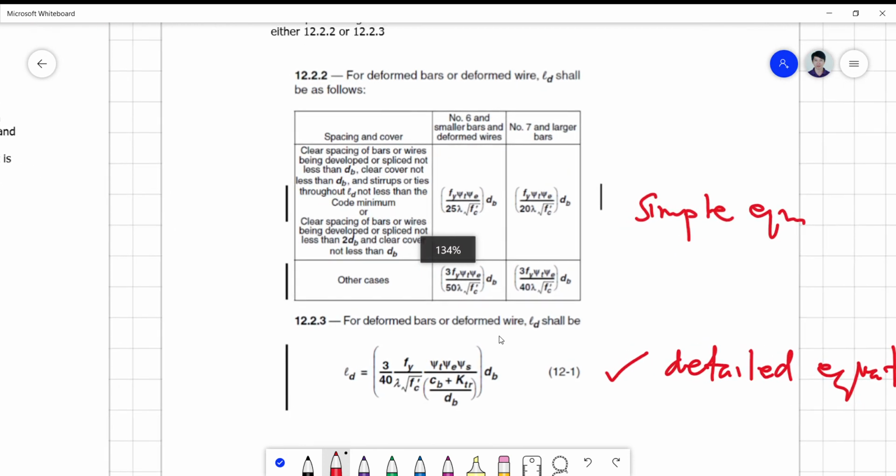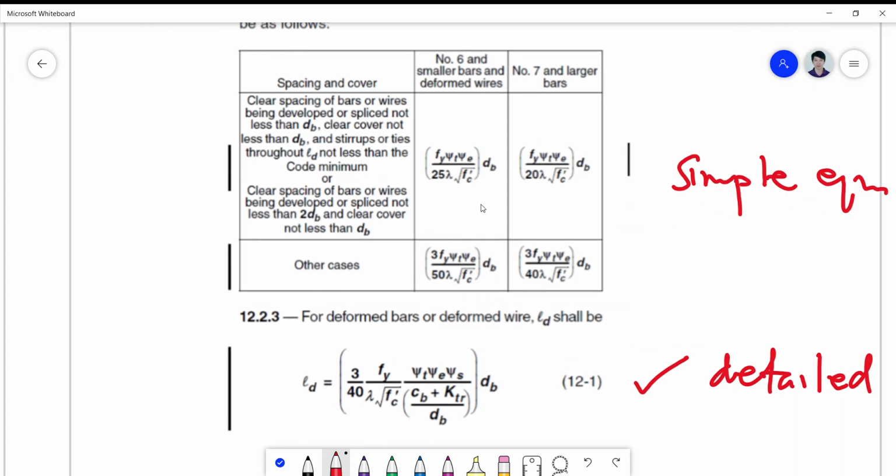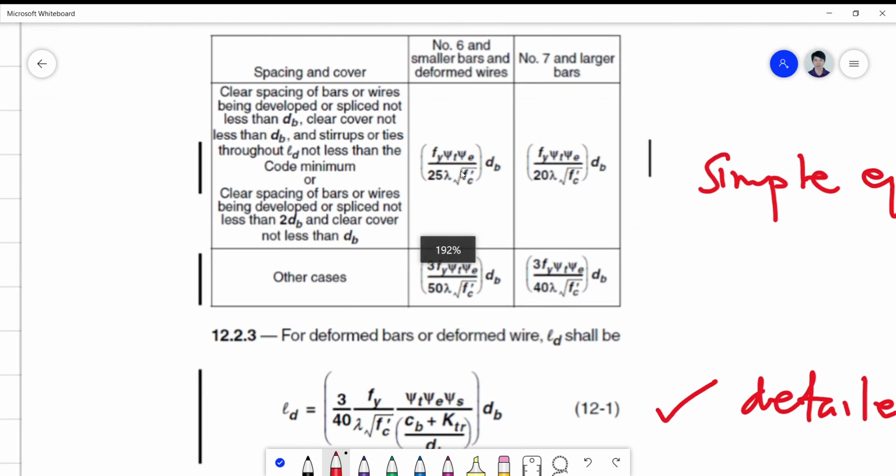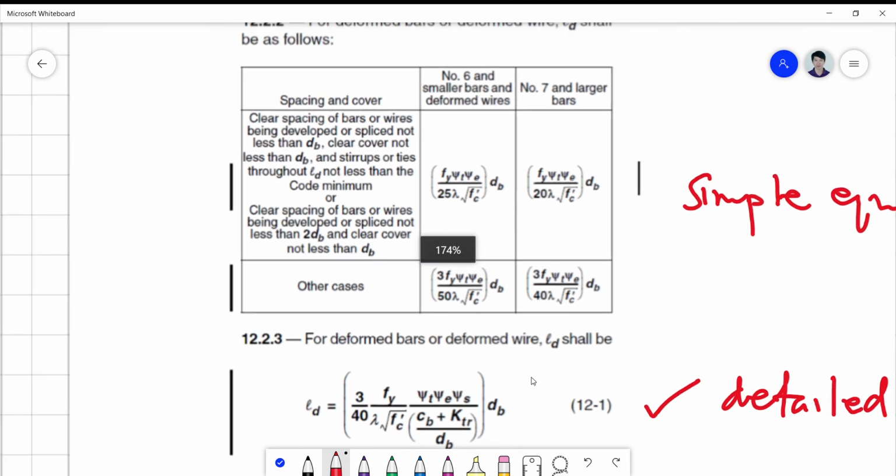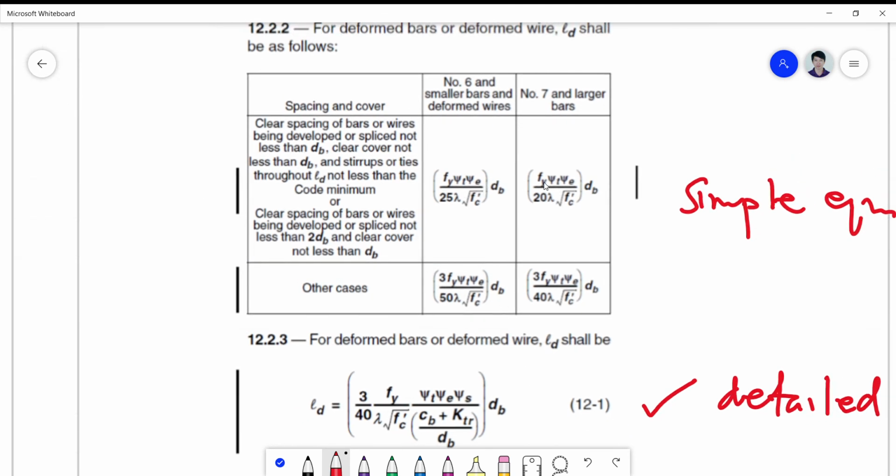Okay, take note of your psi t, psi e. In other lectures, I call it alpha, beta, lambda. Okay, so we'll just use this because this is the one presented here. But in other books, you may be finding different notations on this.